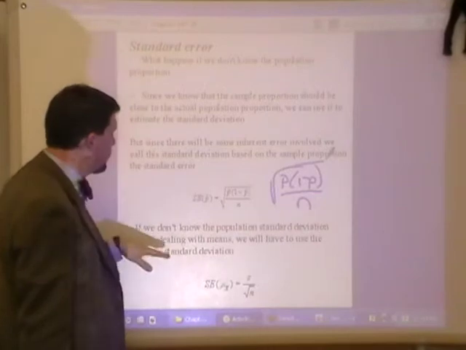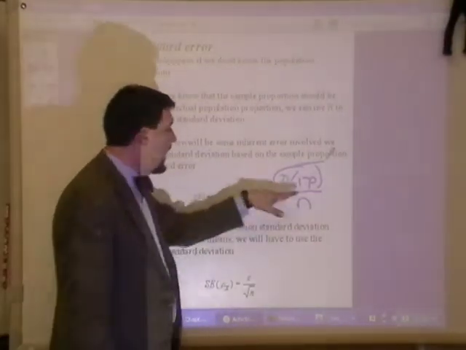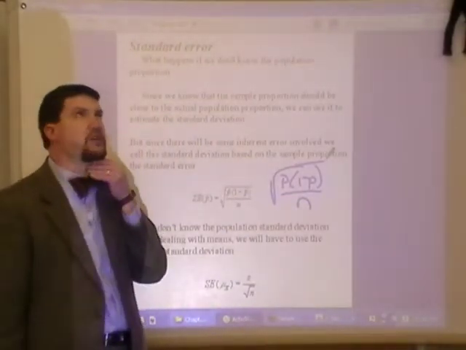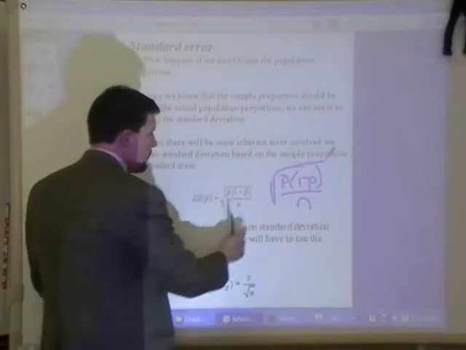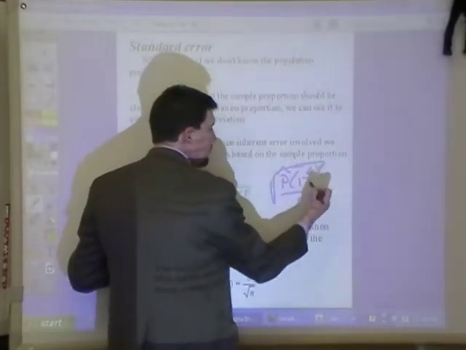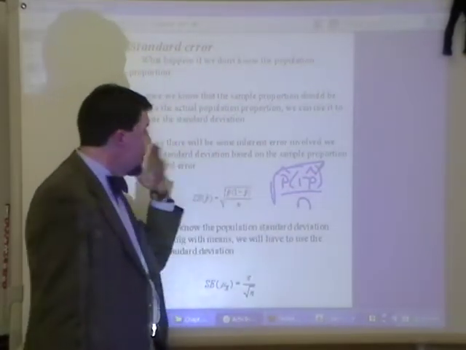So what we have is something called the standard error. And what the standard error means is this. I don't know what P is, so I'm going to use the next best thing. And the next best thing to P is P hat. So instead of P times 1 minus P over N, I would have P hat times 1 minus P hat over N, and I'm going to use that as my standard deviation.